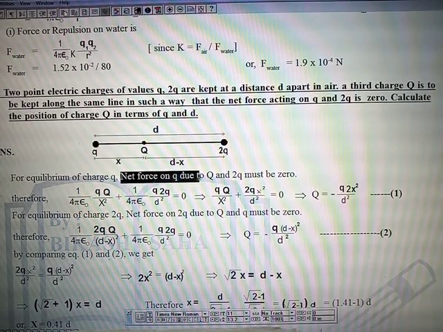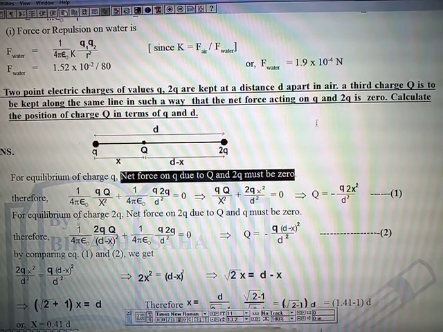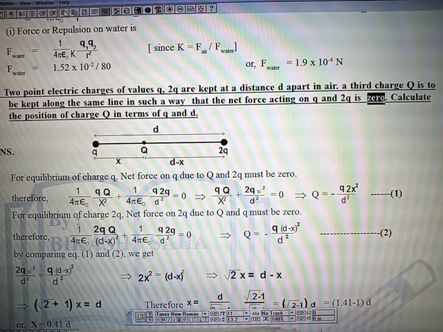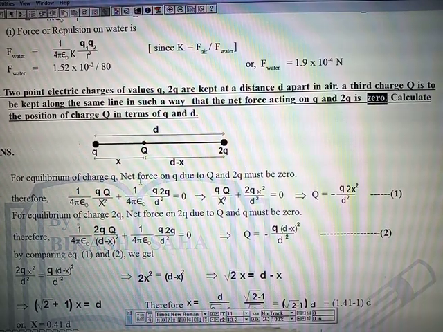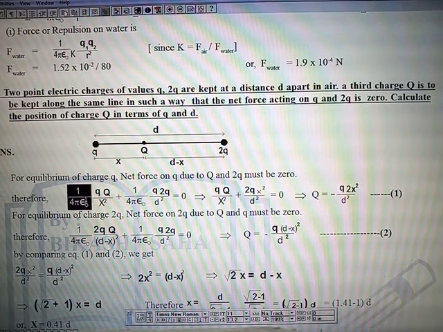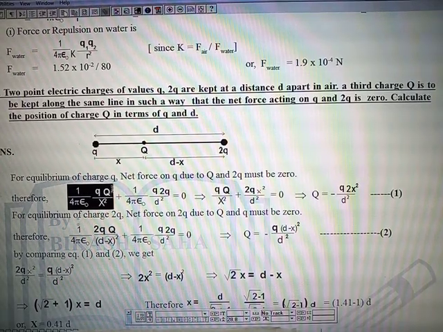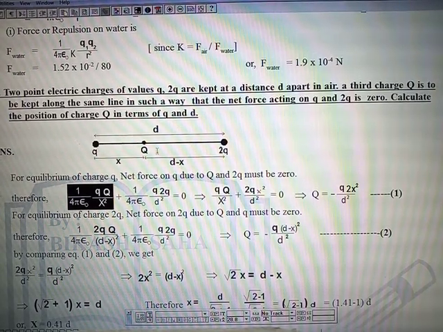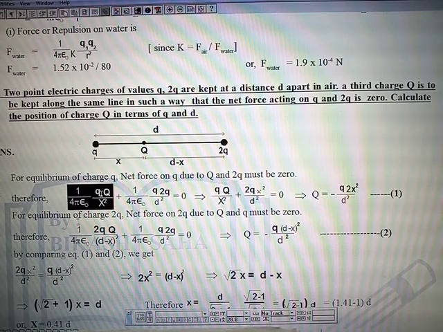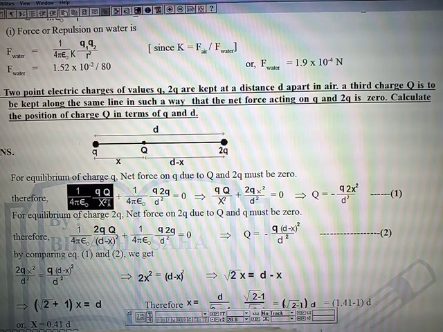So the net force on q due to Q and 2q must be 0, because it is already given 0. That's why I have written the force: 1 by 4 pi epsilon naught, q times capital Q, on small q due to capital Q, distance x, so it is x square.